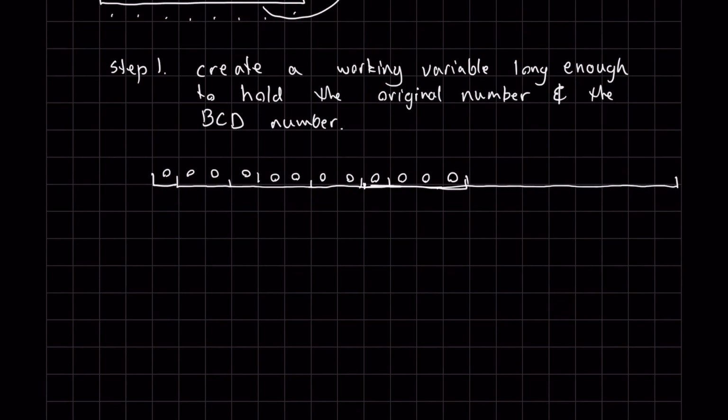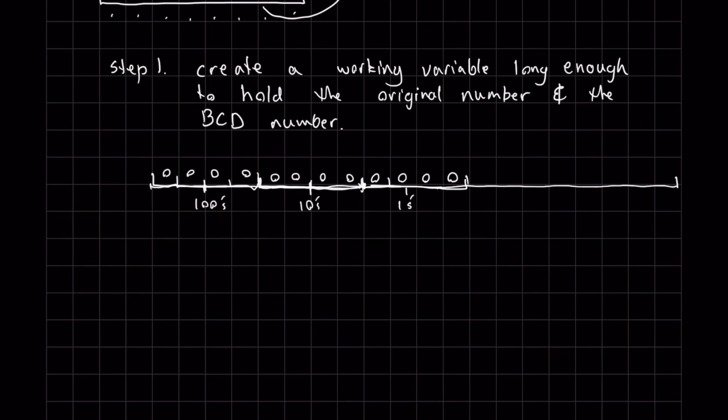So these are the ones place, the next 4 here will be the tens place. These last 4 will be the hundreds place.